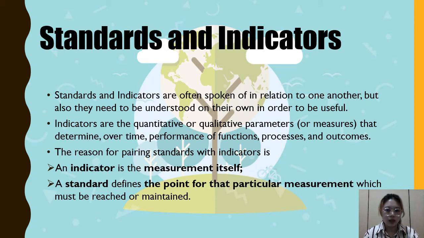The standards and indicators are often spoken of in relation to one another, but they also need to be understood on their own in order to be useful. The indicators are the quantitative and or qualitative parameters or measures that determine the performance of functions, processes, and outcomes over time.